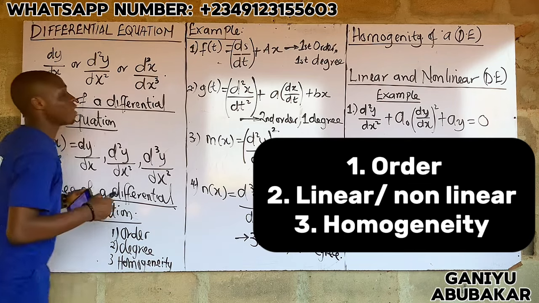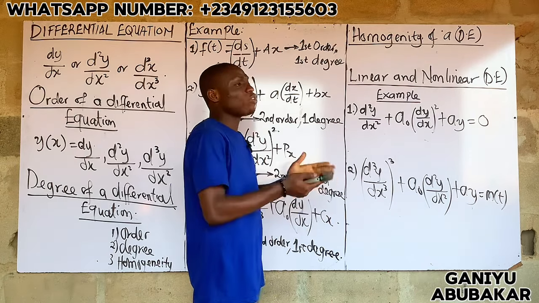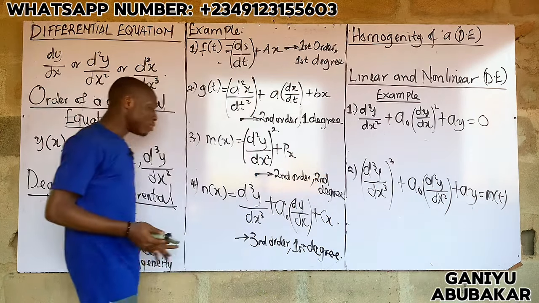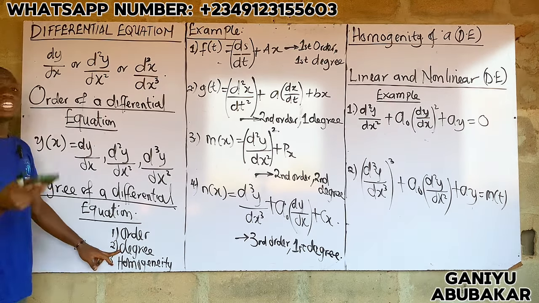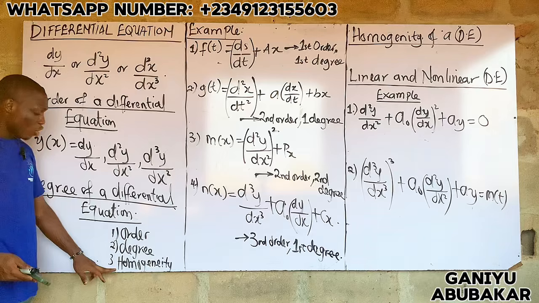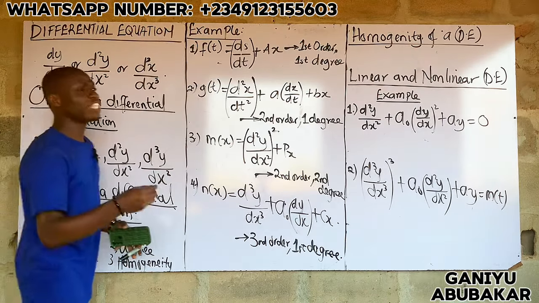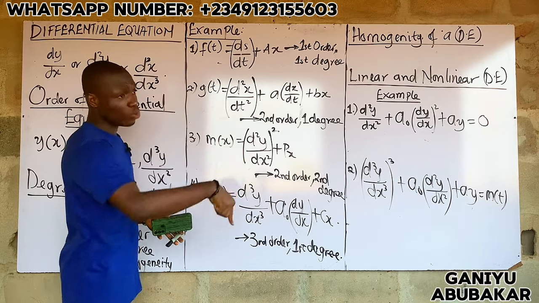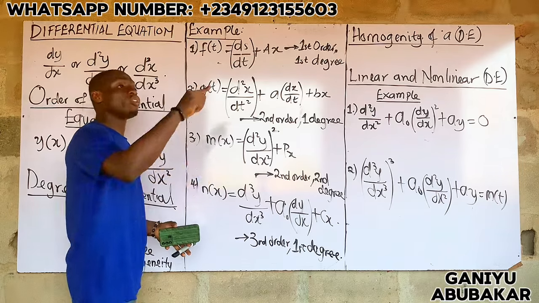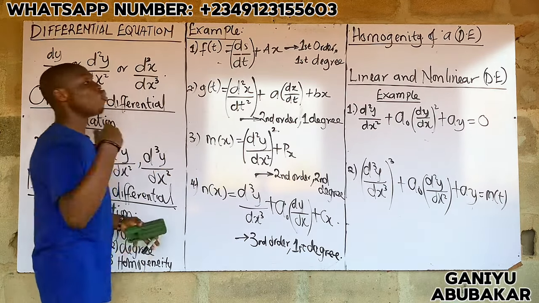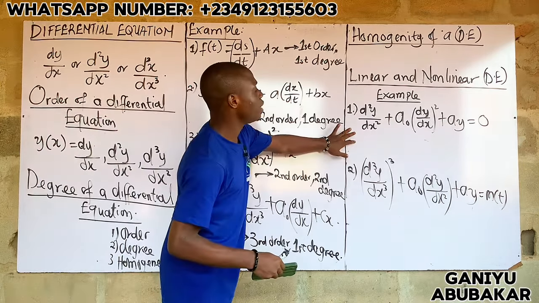Start with order. When you're done with order, move to degree. When you're done with degree, move to what? Homogeneity. When a differential equation is equal to 0, it becomes the homogeneous differential equation. When it is not equal to 0, it becomes a non-homogeneous differential equation.